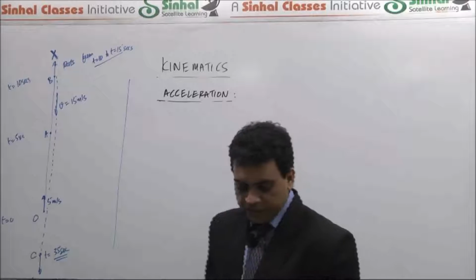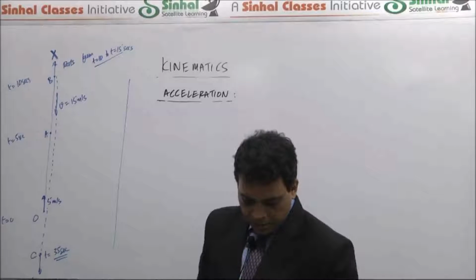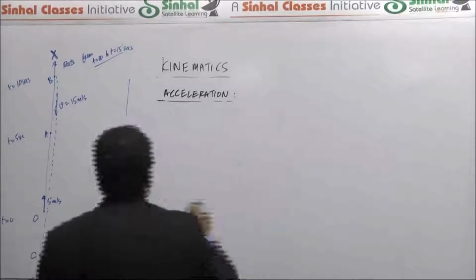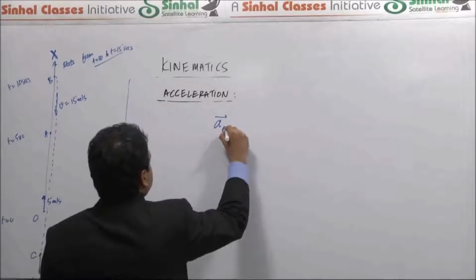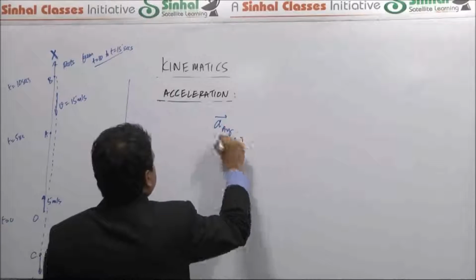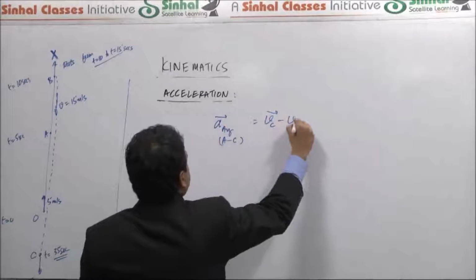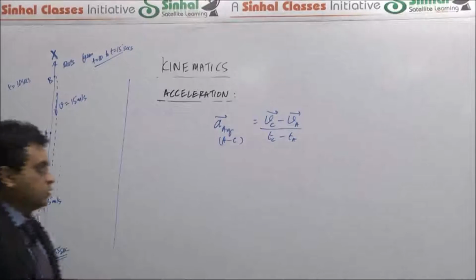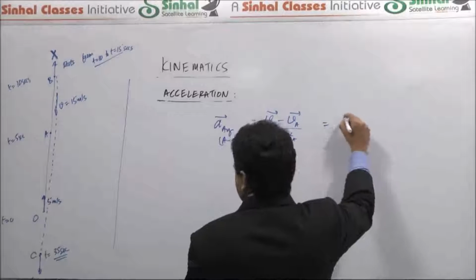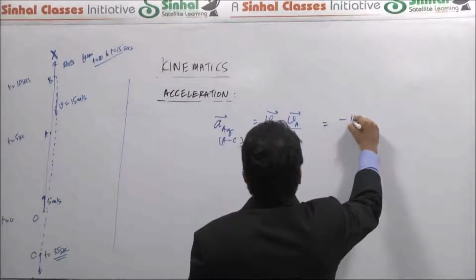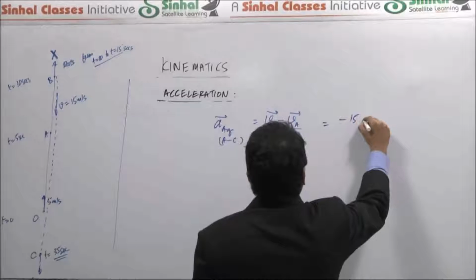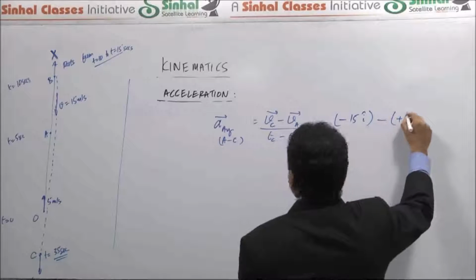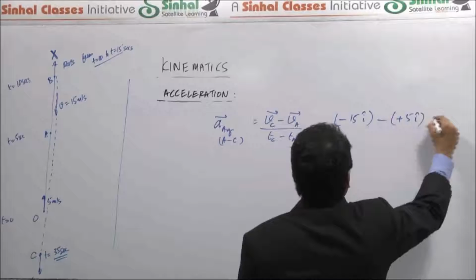As far as the average acceleration is concerned between A and C, as you can clearly see, the velocity at C is minus 15 i cap meters per second, and the velocity at A is plus 5 i cap meters per second.